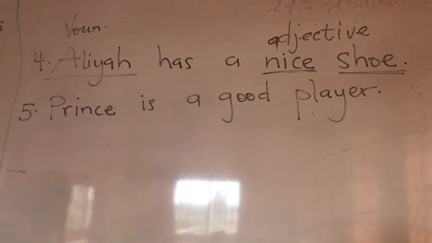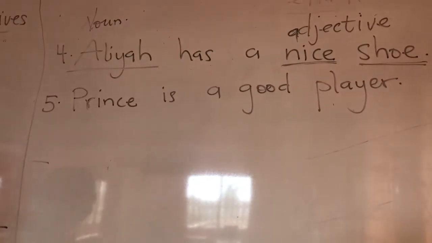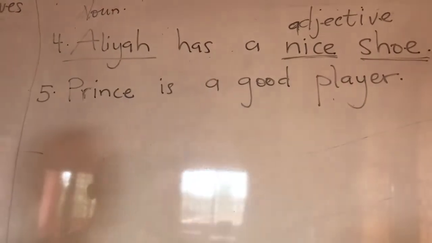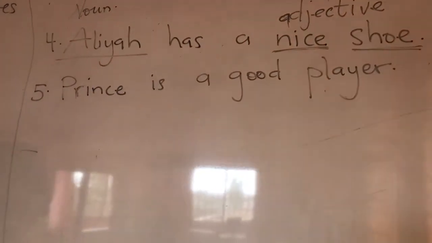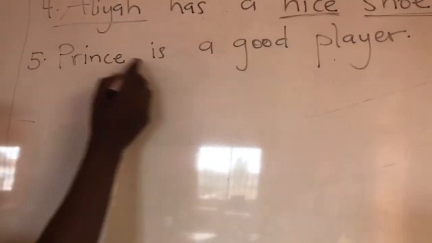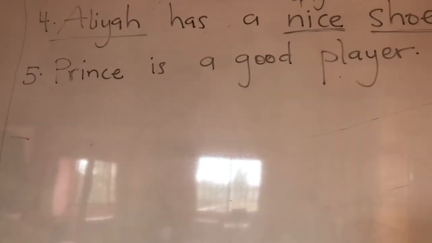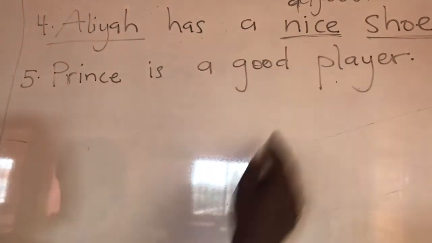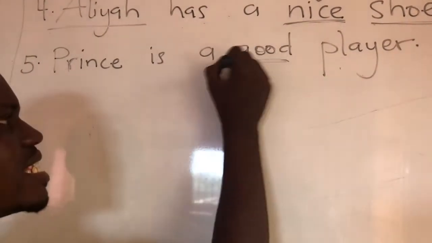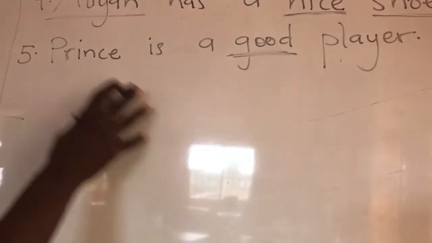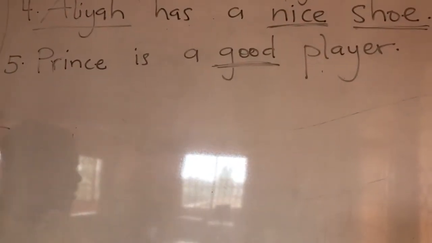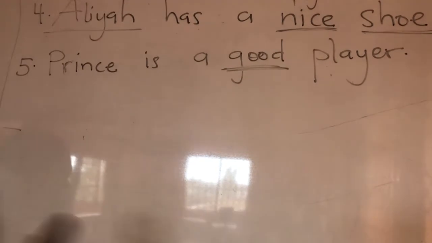Let's look at another example. Prince is a good player. Prince could have been a bad player, but in this instance, you are saying Prince is a good player. Prince is a player, it is a correct sentence. But in this instance, the good here is telling you that though Prince is a player, he is a good player. It is describing who Prince is.